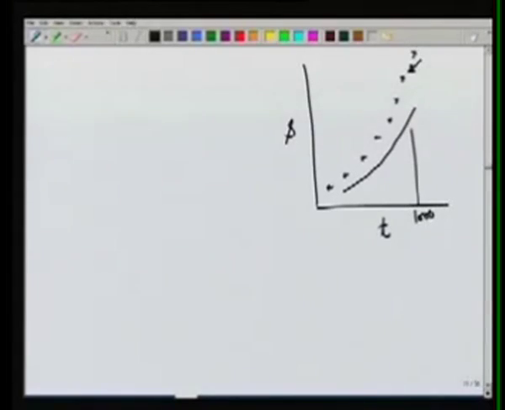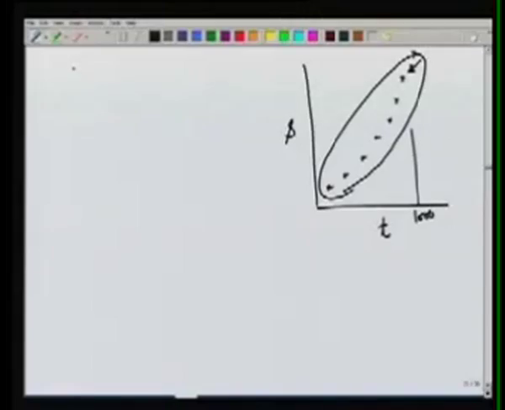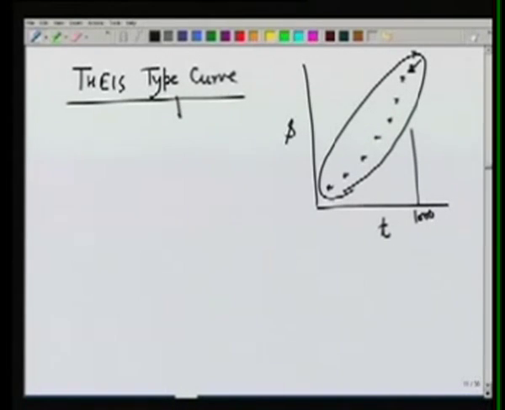Therefore, we should look at some method which uses the entire data set rather than depending on Jacob's approximation for fitting a straight line. One of these methods is called the Theis type curve method. And in this method, we use the entire curve.